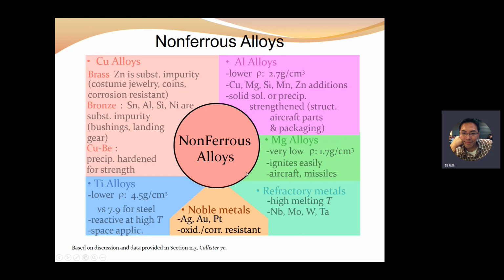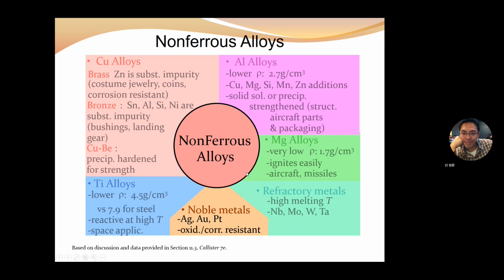Like bronze, its alloying elements are tin, aluminum, silicon, nickel. It can be used as landing gears.